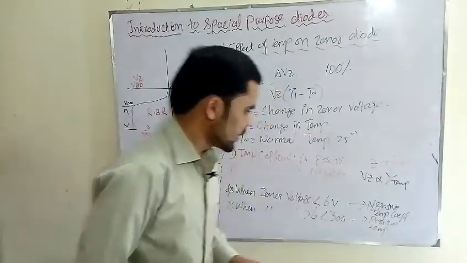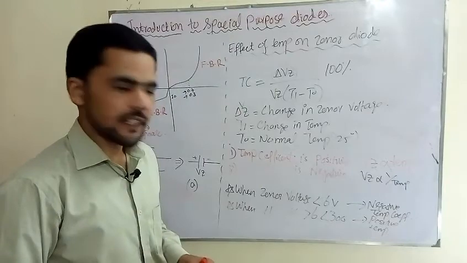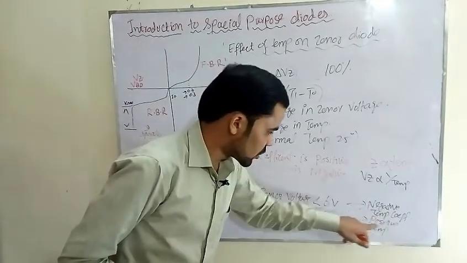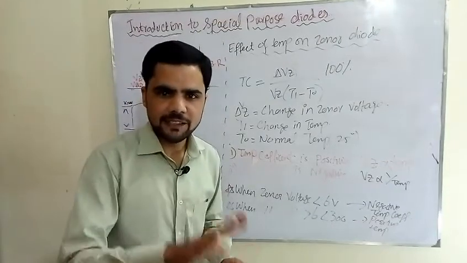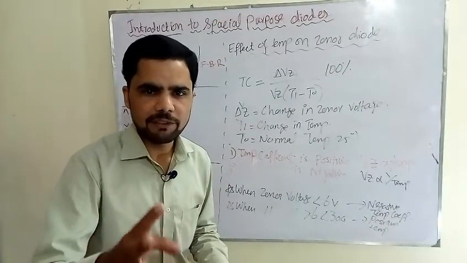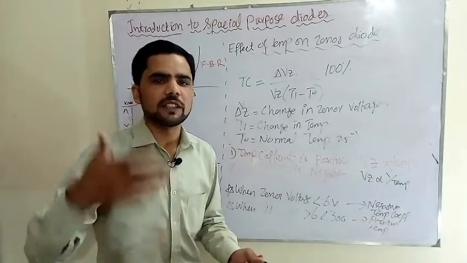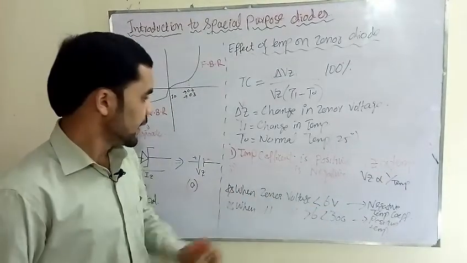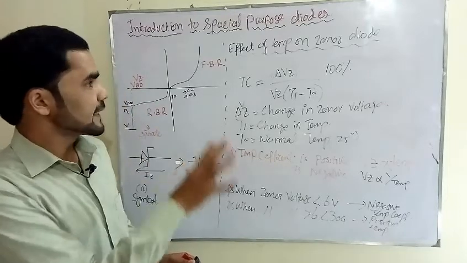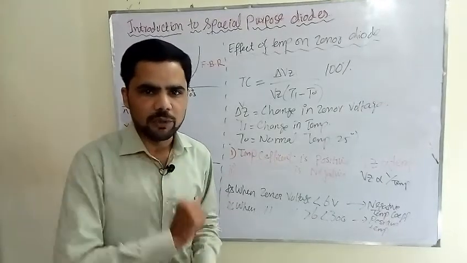I repeat this in case it wasn't clear: if Zener voltage is less than 6 volts, it has a negative temperature coefficient. If it is greater than 6 volts, it is a positive temperature coefficient. So this is the basic effect of temperature on Zener voltage.